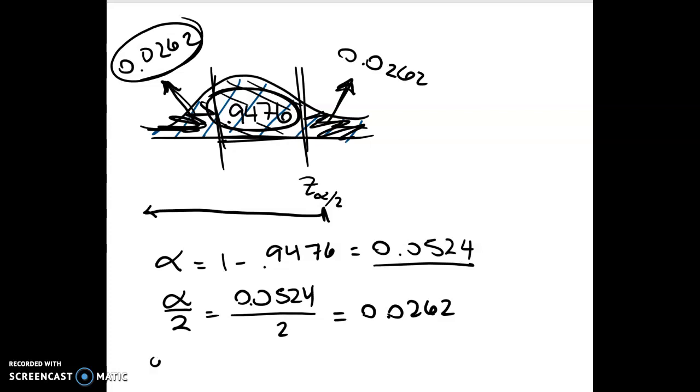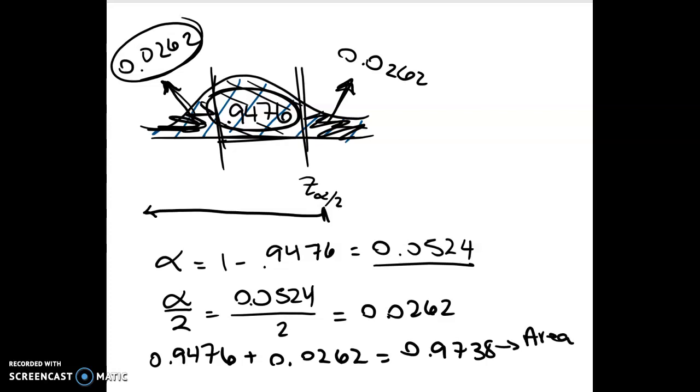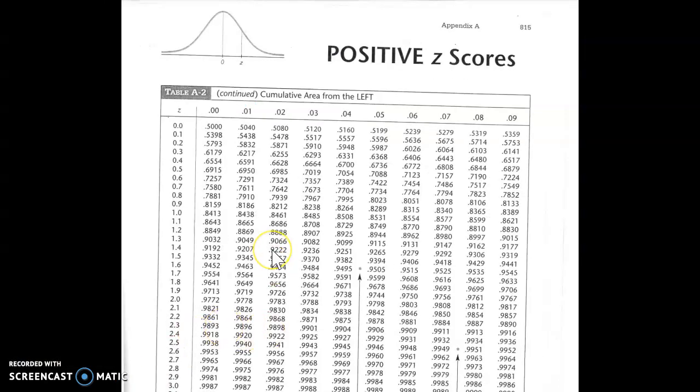So we have 0.9476 plus 0.0262, and that's going to give us 0.9738. Okay, so this is the area or the number I need to find within my z-score table. Okay, so within my z-score table, I'm going to look inside here in the middle.